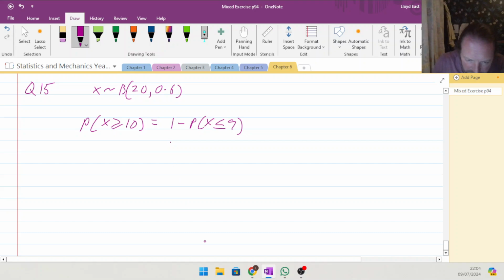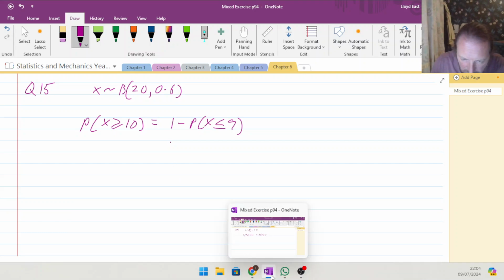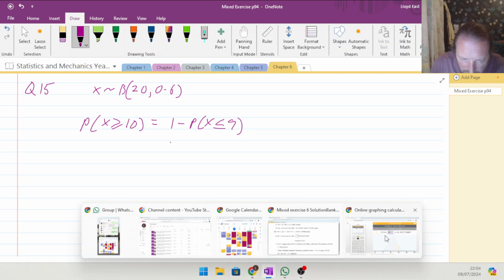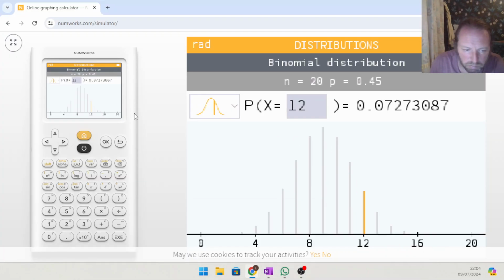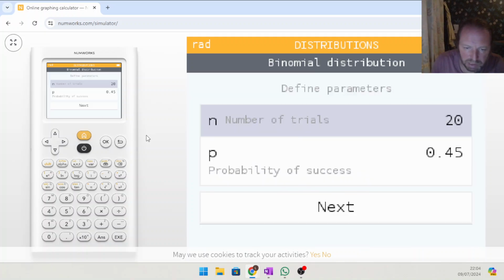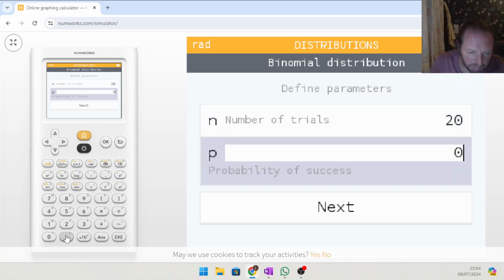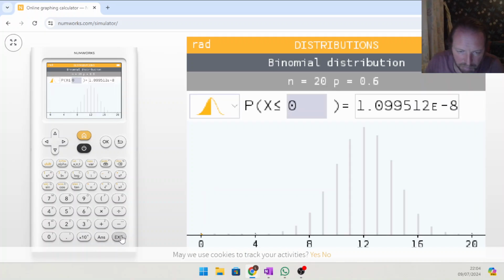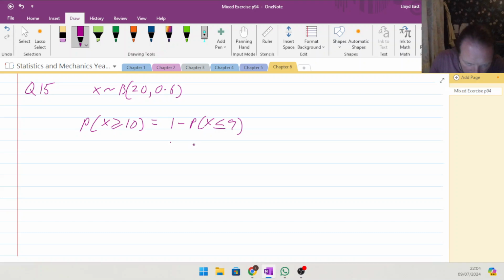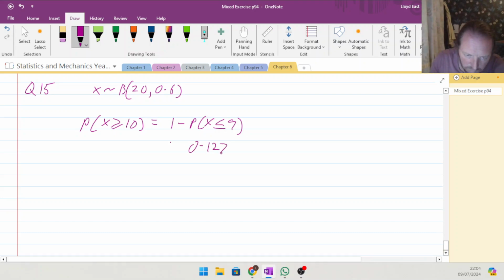So putting this into the calculator, then we end up with, let's just come over here. So we've still got 20 as a number of trials, and her probability now is 0.6 of the arrow shots. Okay, and we are looking for the probability of it being less than or equal to 9. That gives 0.1275.